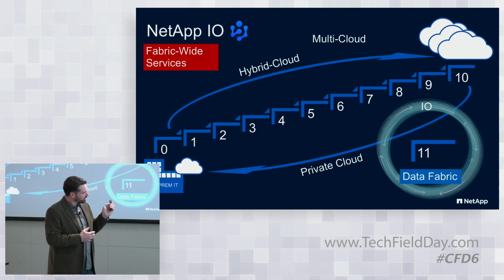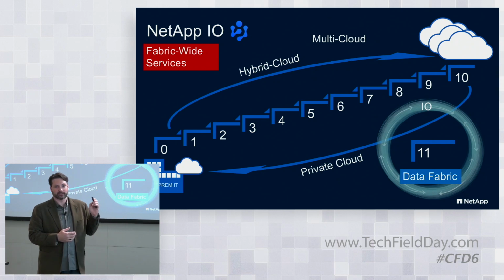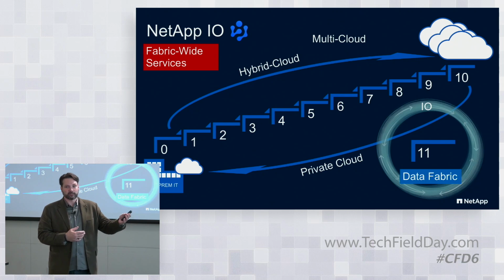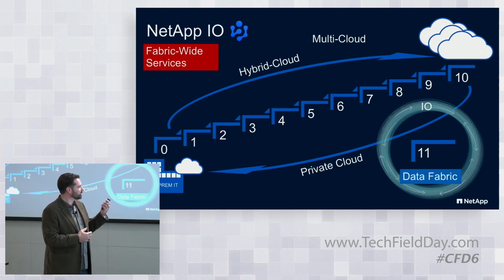But it's an extension of the concept that cloud isn't just the end game. Getting to multi-cloud isn't just the end game, but there's still more things that can be enhanced by embracing the data fabric.